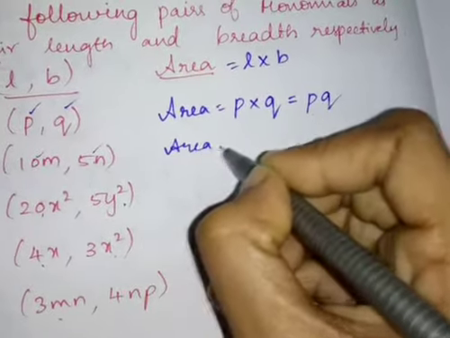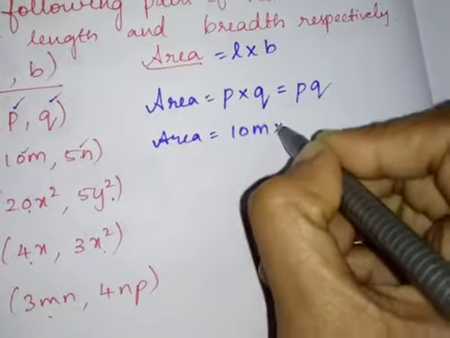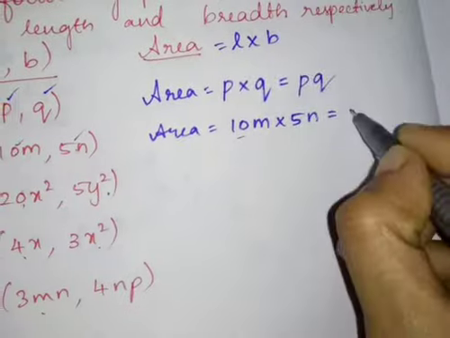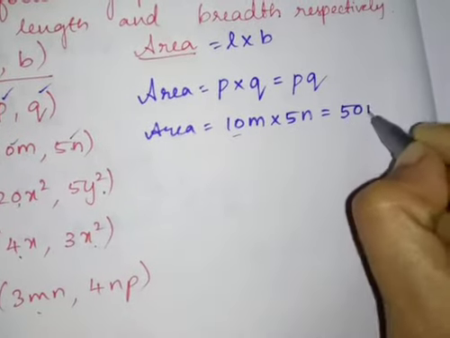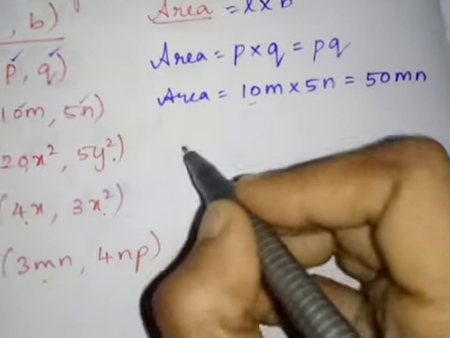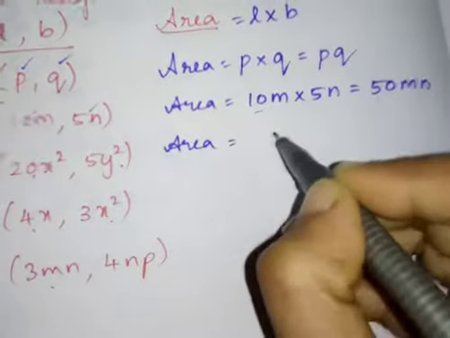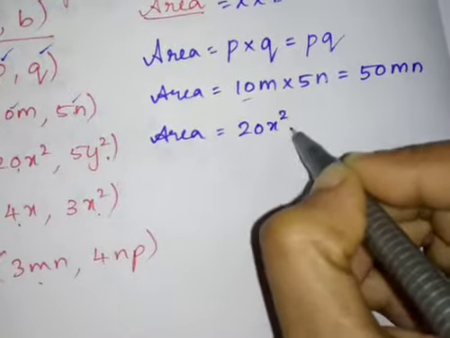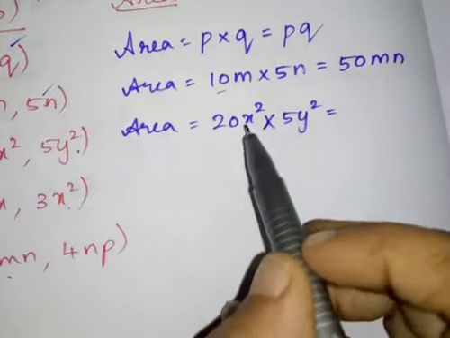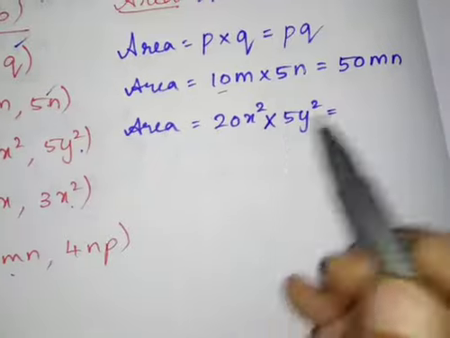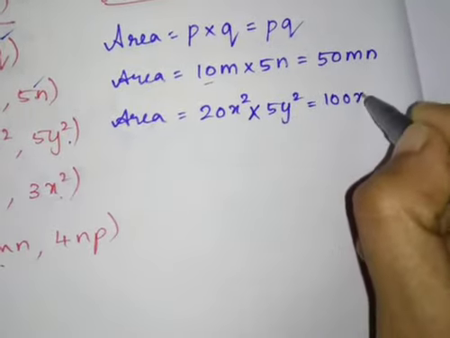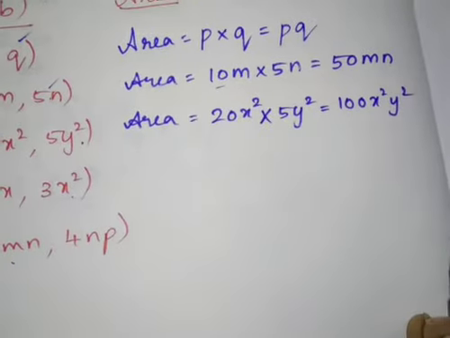Here area is equal to 10m into 5n. 10 fives are 50. m into n, mn. So 50mn is your answer. Next, area is 20x square into 5y square. 20 into 5 is 100. x square into y square, so 100x square y square.